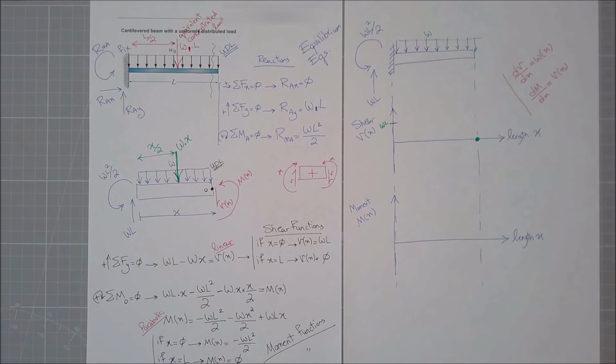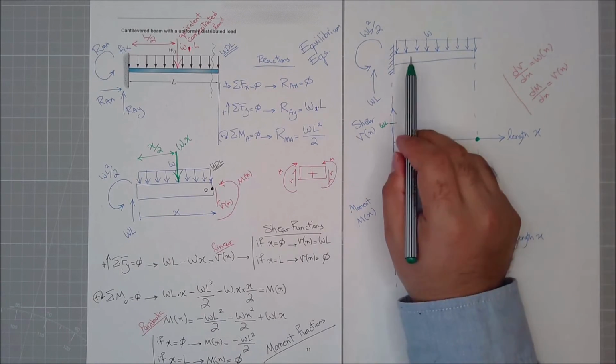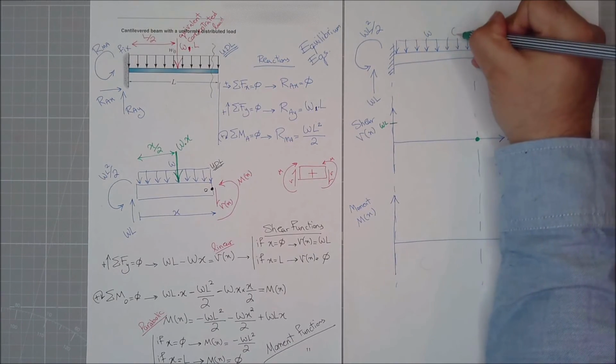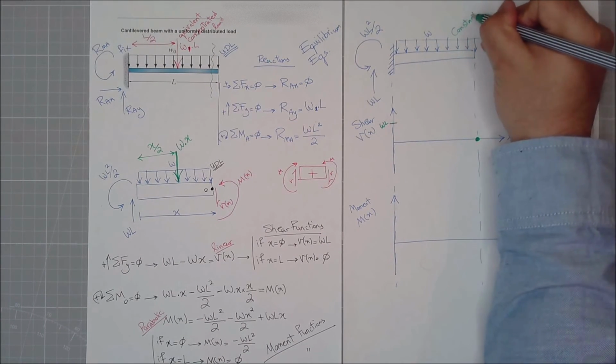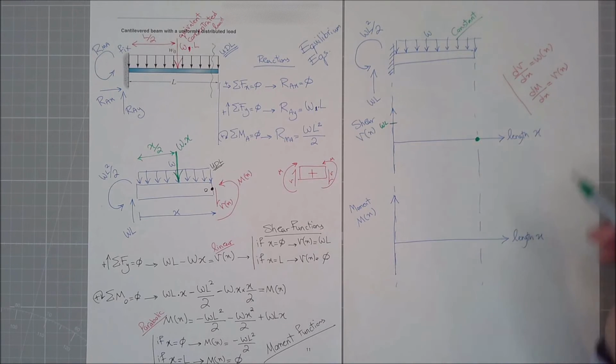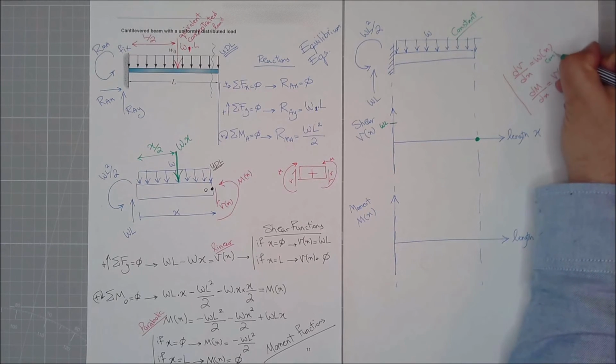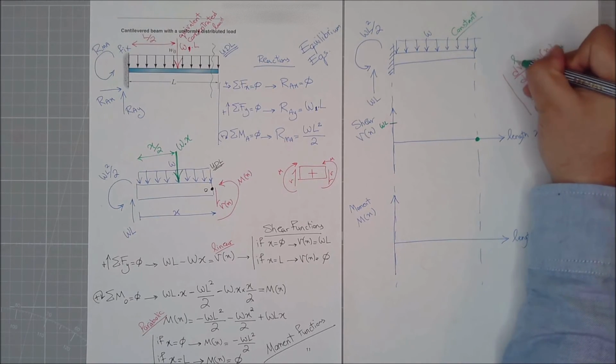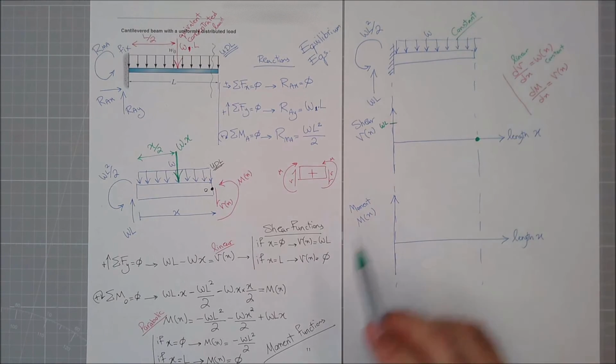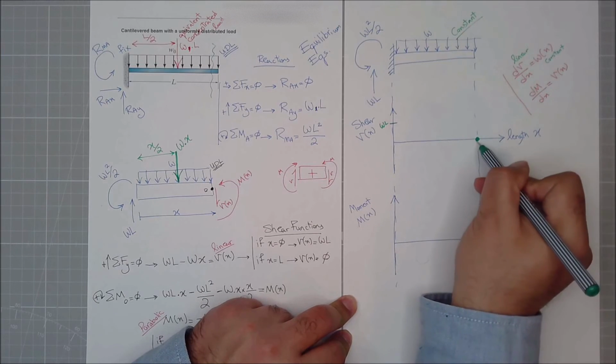What happens here? I had a constant load. If this is constant, my shear should be linear. Is it? Yes, it's a linear function. So I would draw a line as well from here to here.